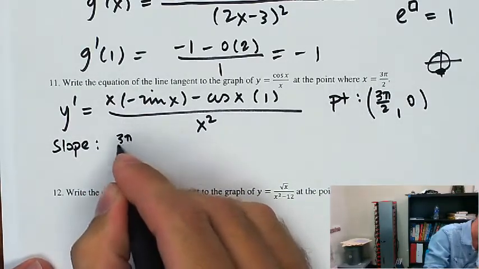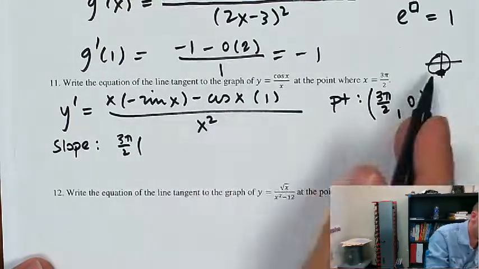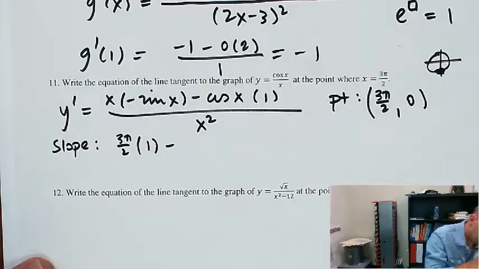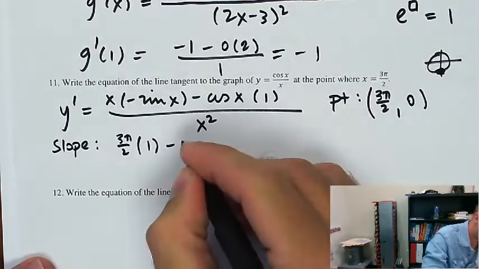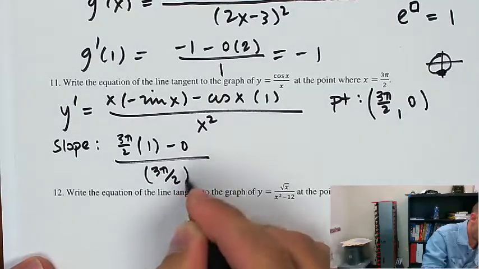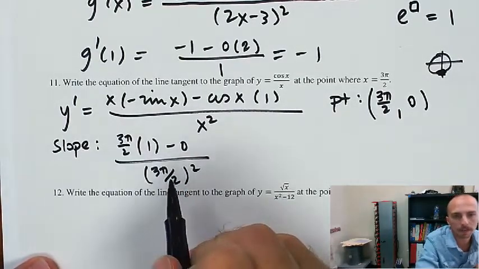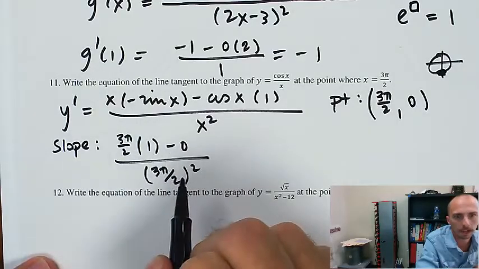So 3 pi over 2 times the negative of the sine, negative 1, is going to be positive 1, minus the cosine of 3 pi over 2, we're feeling like that's 0, divided by 3 pi over 2 squared. Now if I have, like, say, x divided by x squared, that's like 1 over x.